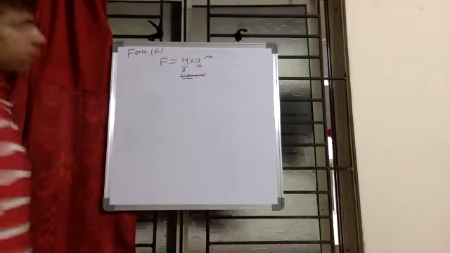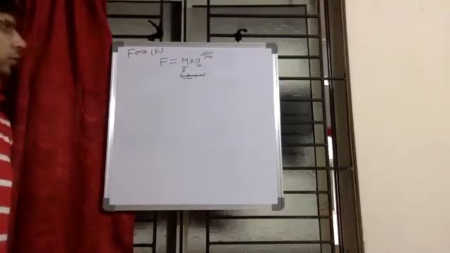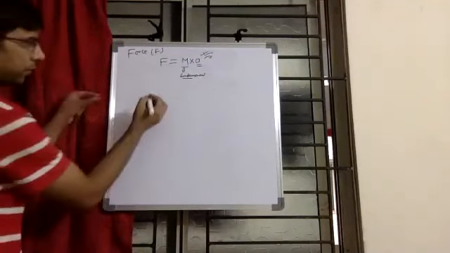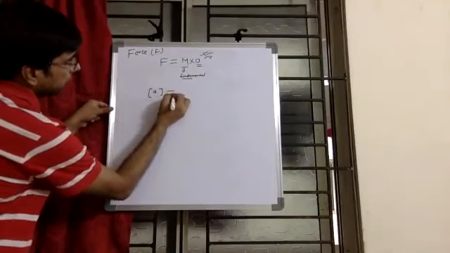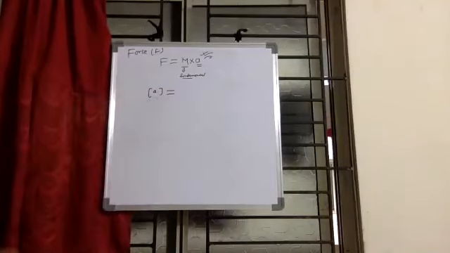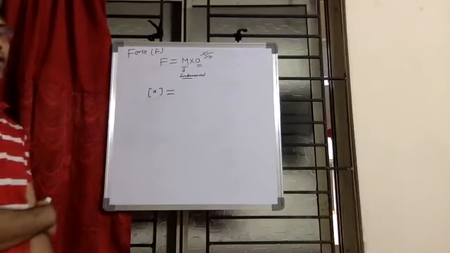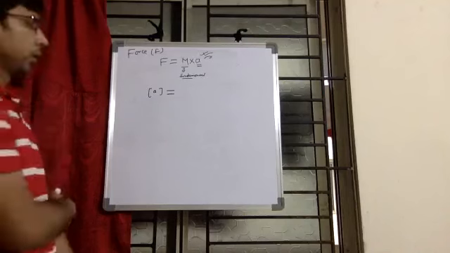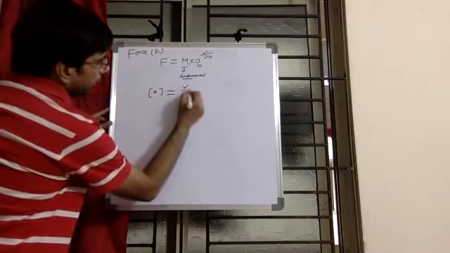So first of all, we have to find out the dimension of acceleration. Now, what is the dimension of acceleration? By definition, we know that it is the rate of change of velocity. So directly writing, it is just v upon t.